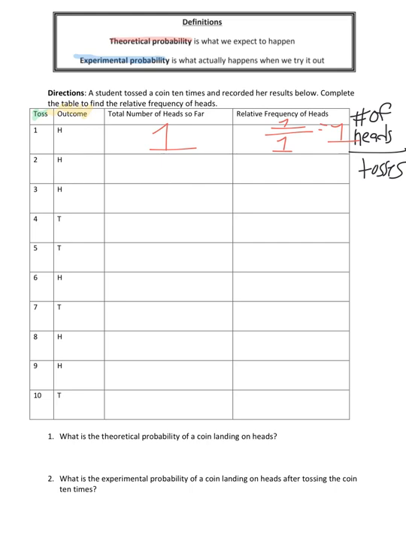Let's look at that next one. Toss number 2, what's the result? Heads. That's 2 heads now because we have 1 heads from before and 1 heads now. 2 heads out of 2 tosses. Once again, if we simplify that, we end up with 1.